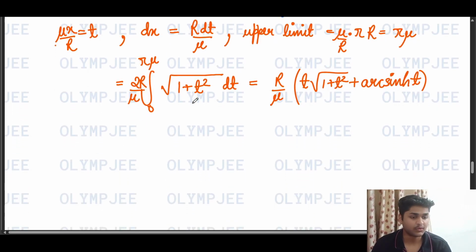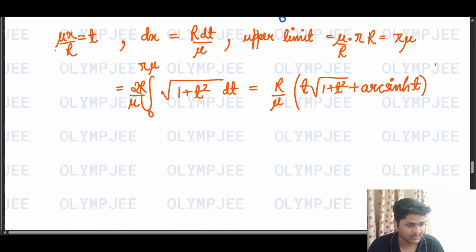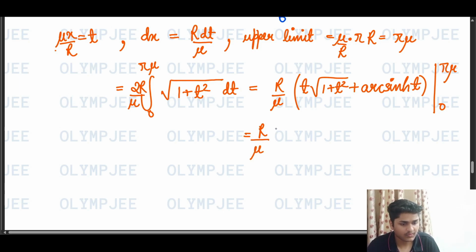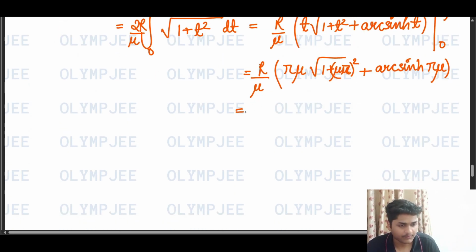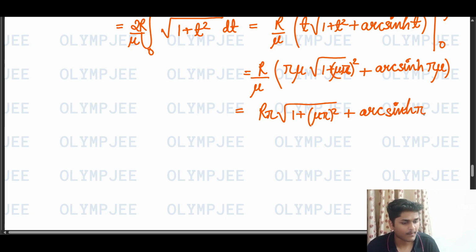And now we can put the limits, which are 0 and pi mu, which will give us r by mu multiplied by pi mu root 1 plus (pi mu) whole square plus arc sinh of this. So this is the limiting length. So we have solved the question.